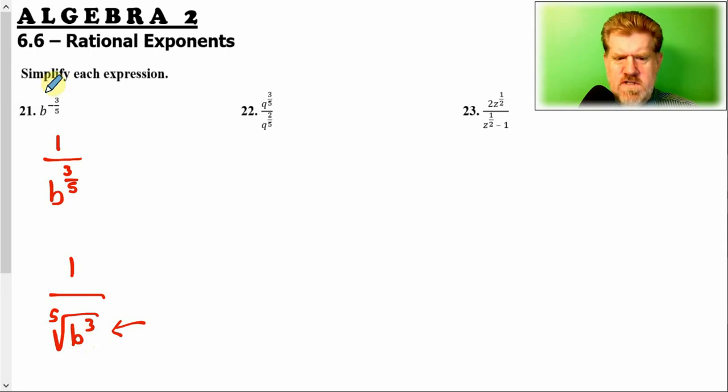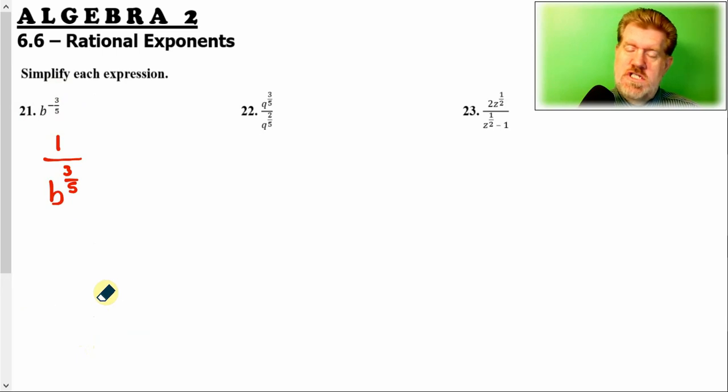So what's wrong with just leaving it b to the negative 3/5? Well, I don't have a technical problem with leaving it that way, but mathematical convention says you don't want to leave your answers with a negative exponent, and you don't want to have radicals in the denominator.